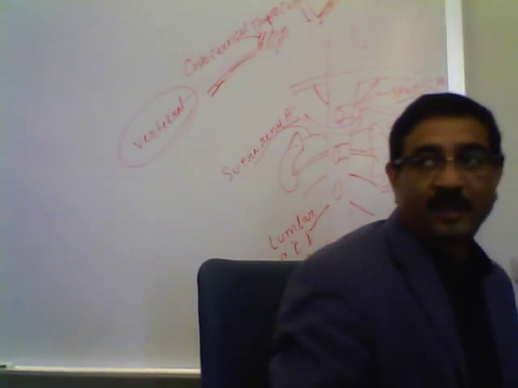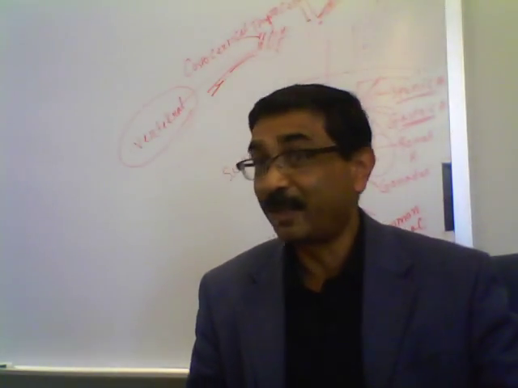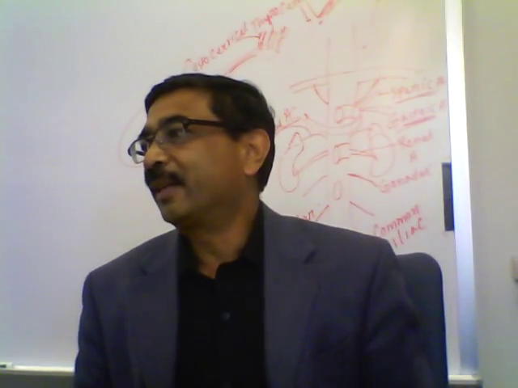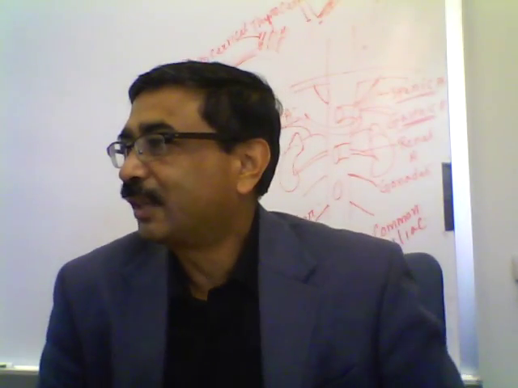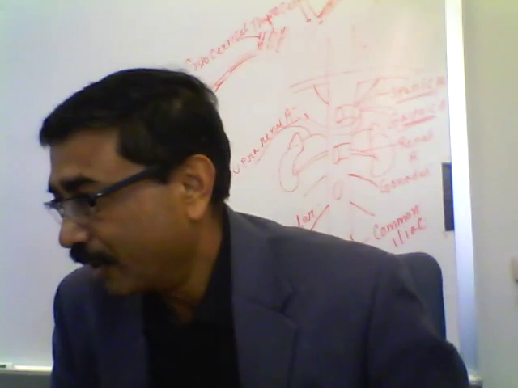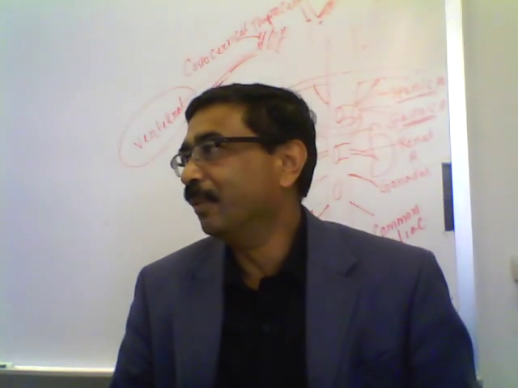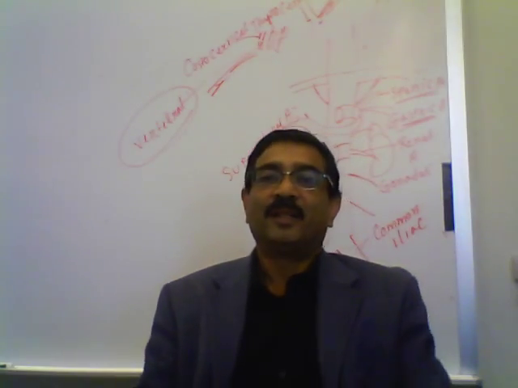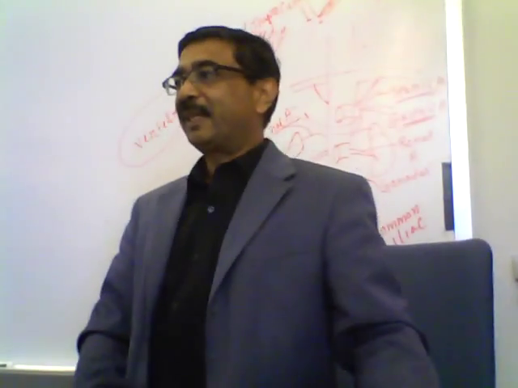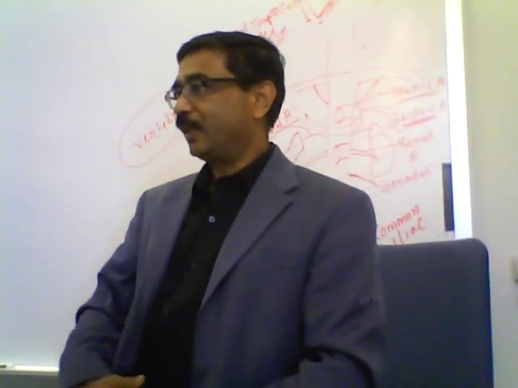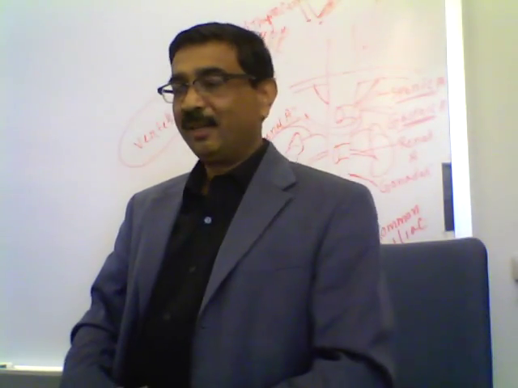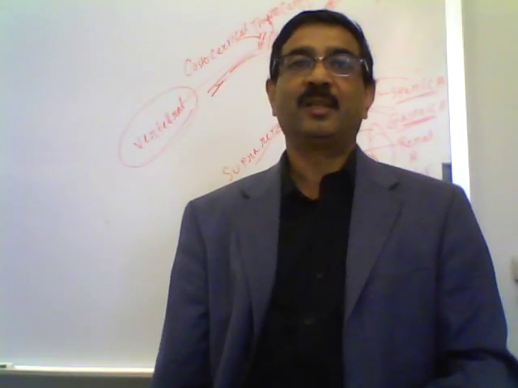So which one is bigger? External is much bigger than internal, right? External iliac goes to the thigh, the big one goes to the lower limb, and internal iliac remains where? In your pelvic area here. So internal goes to the pelvic area and external goes to the thigh, lower limb.